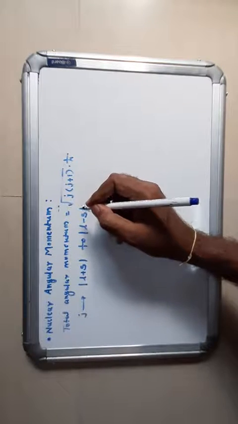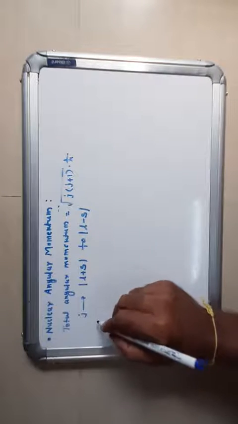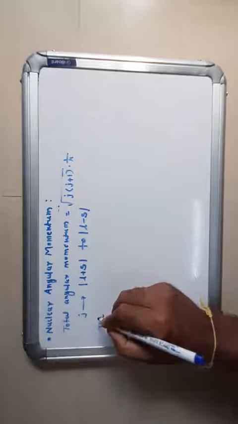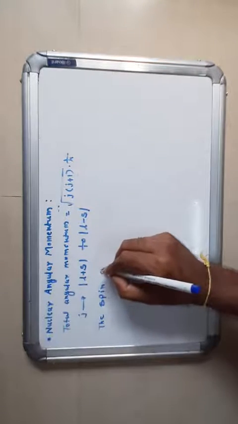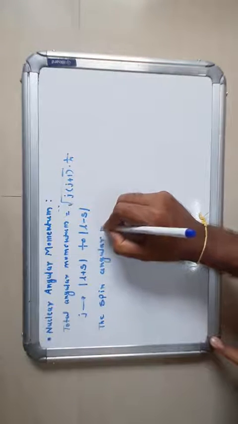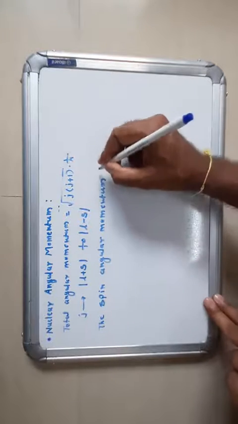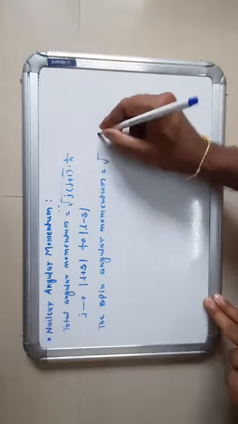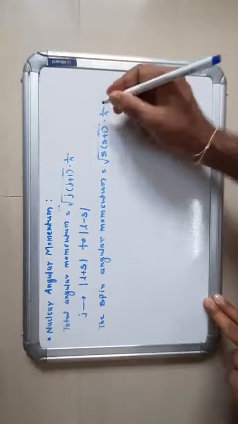Okay, that means here we discussed there are three types. First one is the spin angular momentum, denoted by the letter s, equal to under root s into s plus 1 into h cross.